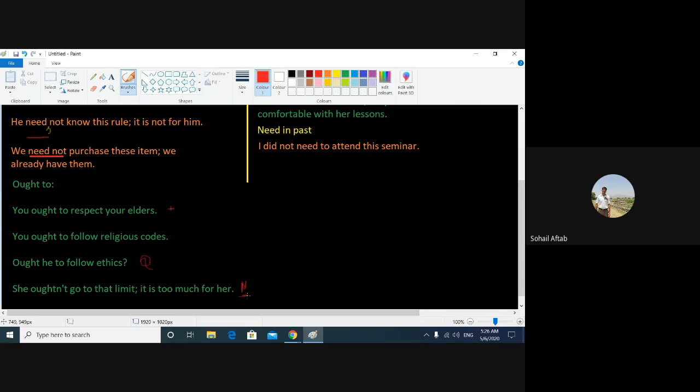And now I am left with two more modals. One is used to, and the other one is would structure. Used to and would structure. Let me extend my board line and then I'll go with it.